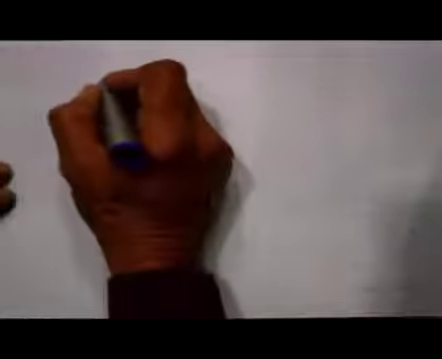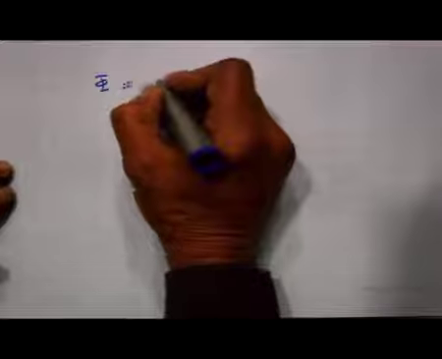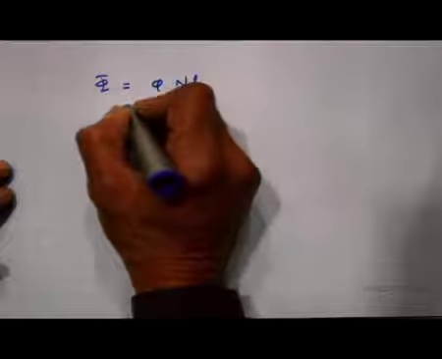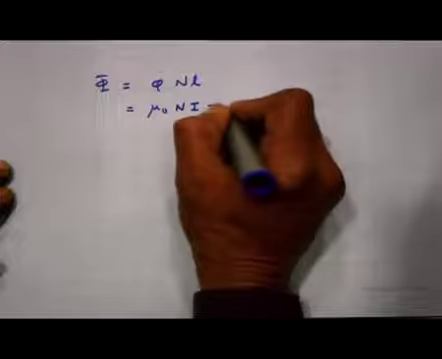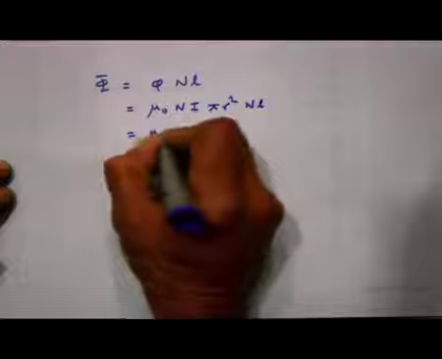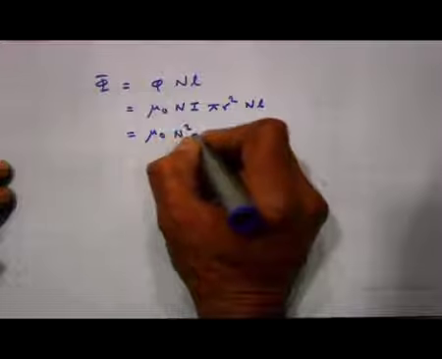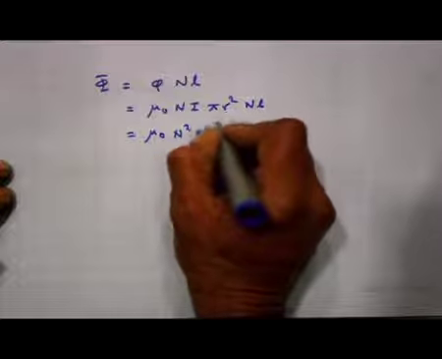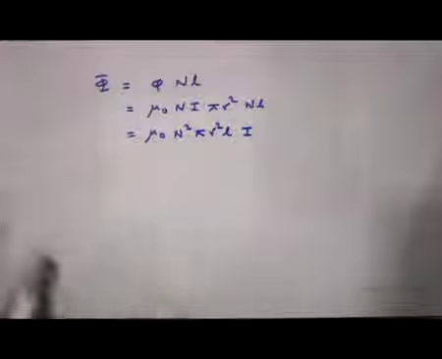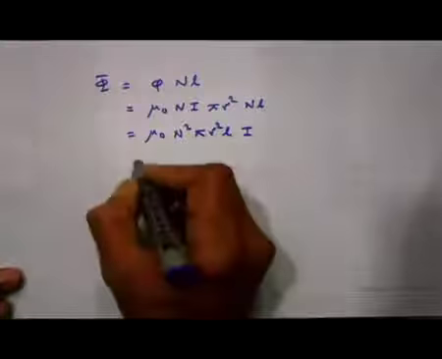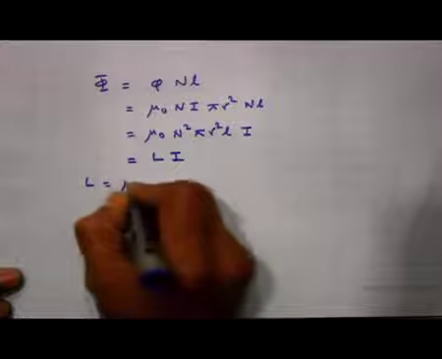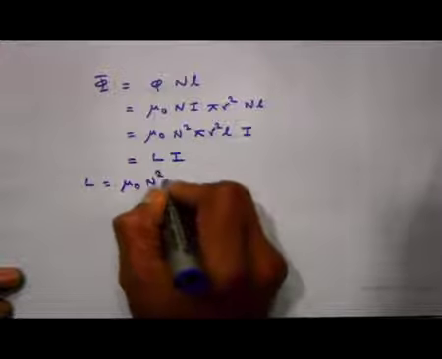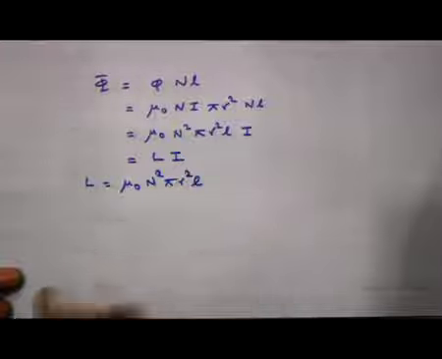The total flux passing now is equal to phi times n times L, which is equal to mu naught n I pi r square into n times L, which is equal to mu naught n square pi r square L into I. Now, I call this L times I, where L is equal to mu naught n square pi r square into L in this example.